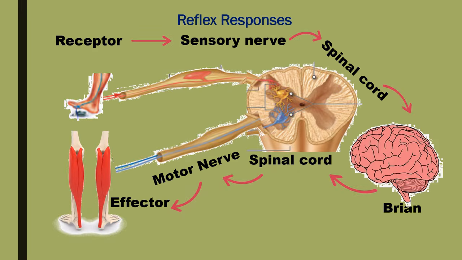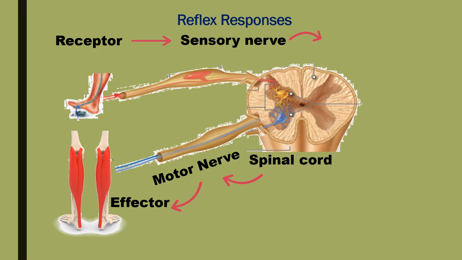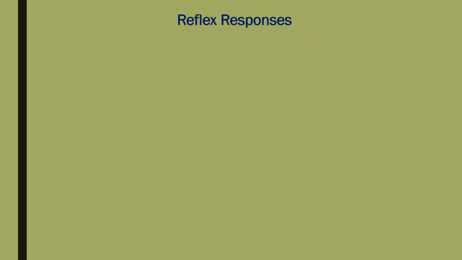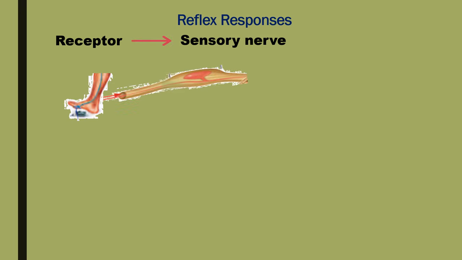But reflex responses do not involve the processing of signals by the brain. The spinal cord bypasses the brain in the path of reflex reactions. In the reflex response of drawing out the leg from a sharp object, the receptor cells in the skin receive the stimulus, send the impulses or signals through the sensory nerve.